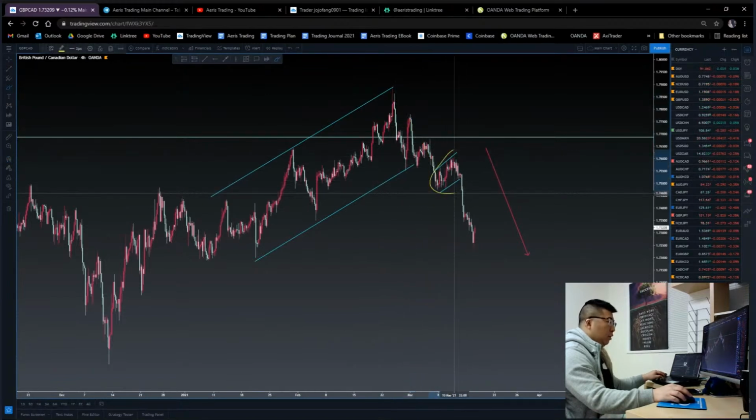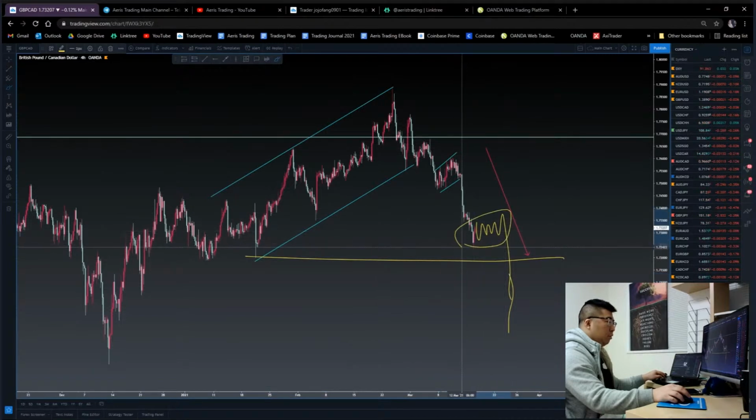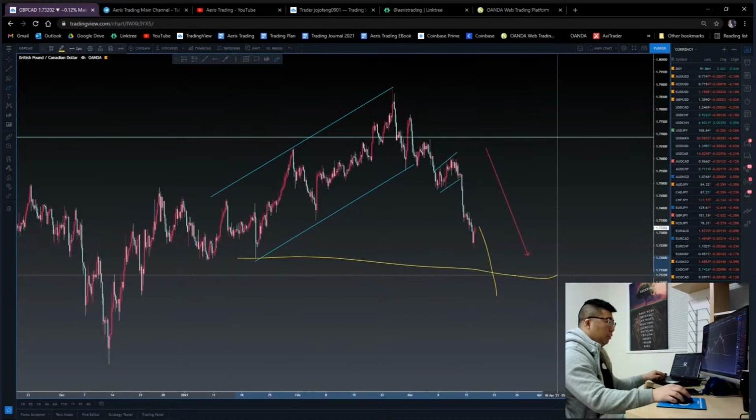Some of you guys got in on this correction, and then price pushing down now. We're approaching this low, but if we get more correction here, I do expect price to just break the low and then continue to the downside more. So expect some sort of correction here if that forms, or wait for price to just break below it and look for more correction to add into your sell if that's something you're looking at.